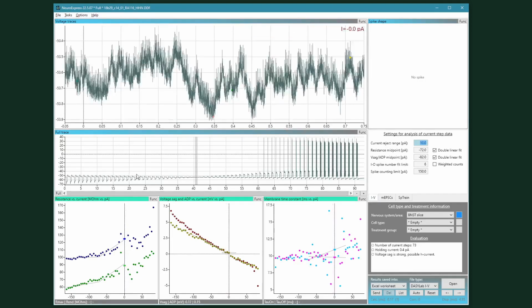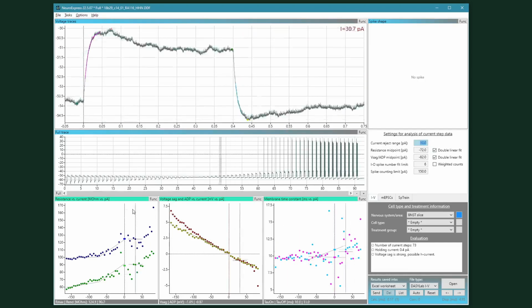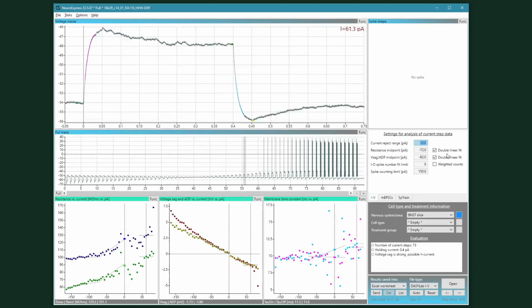So if we want to remove these points from the calculation, then we can use this current reject range parameter. From minus 10 to plus 10 picoamp of current stimuli, we are not calculating membrane resistance at all. But if I want to increase this range, then I can go to 20 or even higher.